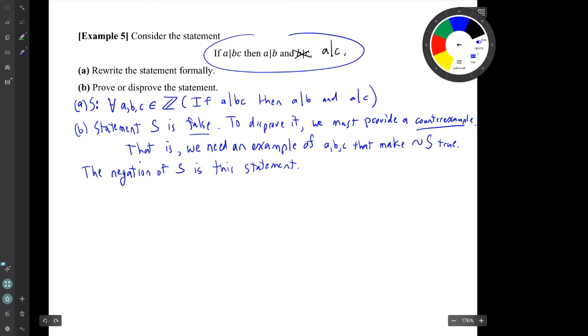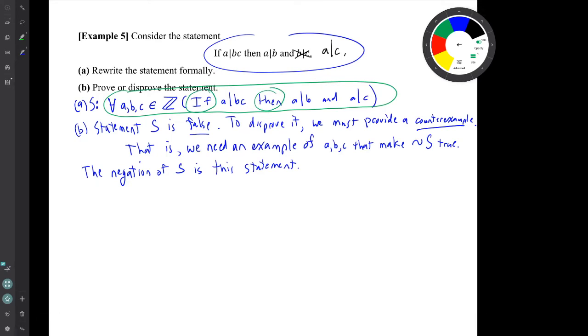Now, I'm just going to write down the result of the negation of S. Notice that S is a universal conditional statement. So we know that when we negate a universal statement, we're going to get an existential statement. We know that when we negate an if-then predicate, it's going to be a new predicate that's an and statement, not another if-then. Furthermore, we know that when we negate this, it's going to be an or statement.